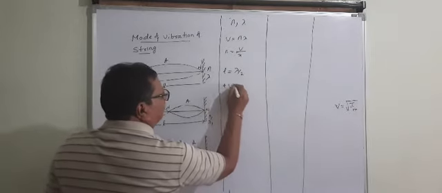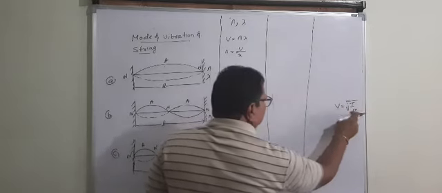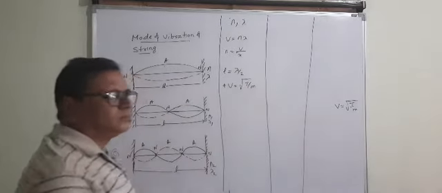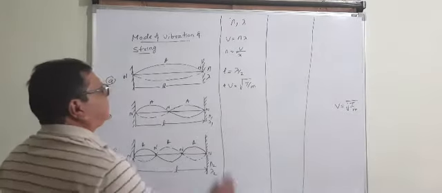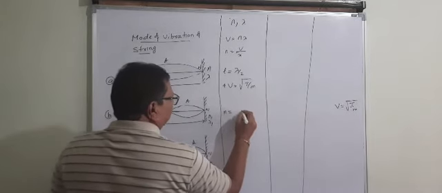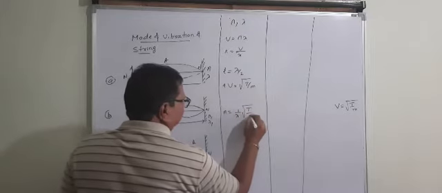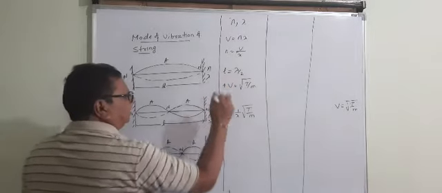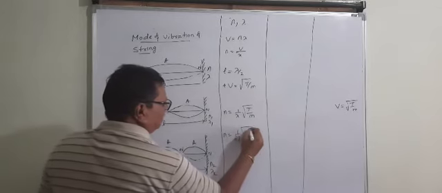And we have discussed that the velocity of waves in a stretched string is v is equal to under root T by m. Therefore, we get n is equal to 1 upon lambda under root T by m. But lambda is equal to 2l, or n is equal to 1 upon 2l under root T by m.